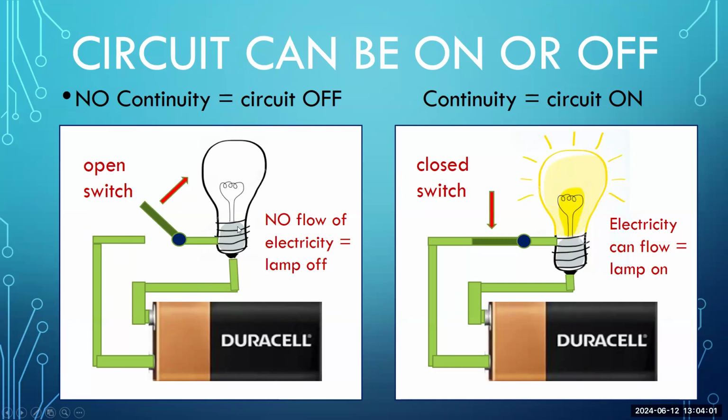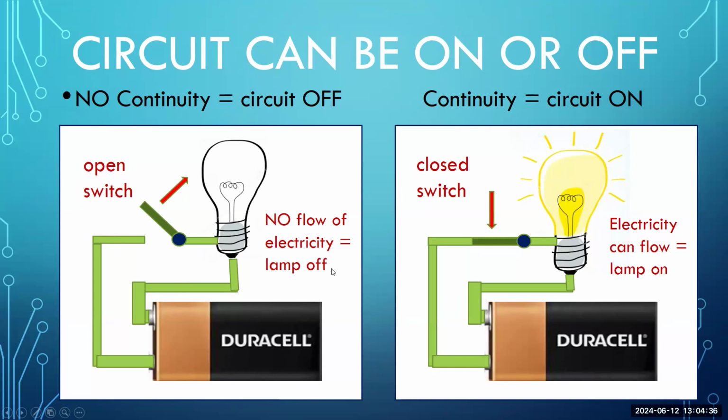However, this circuit is off because we have no continuity. There's a switch here that has been pulled up, so no contact is made. There is no complete path for electricity to flow. This is called an open switch. As there is no continuity between the lamp and the terminals of your battery, no electricity will flow, and therefore the lamp is off.